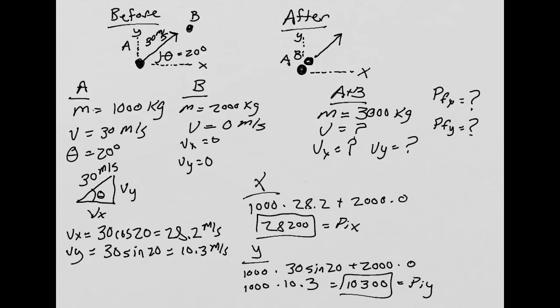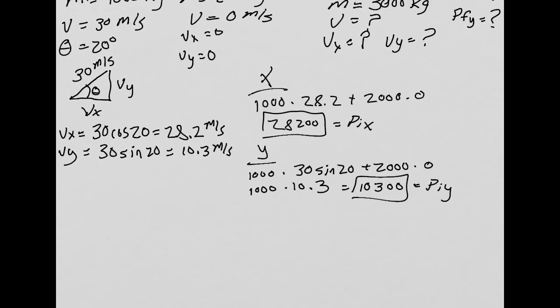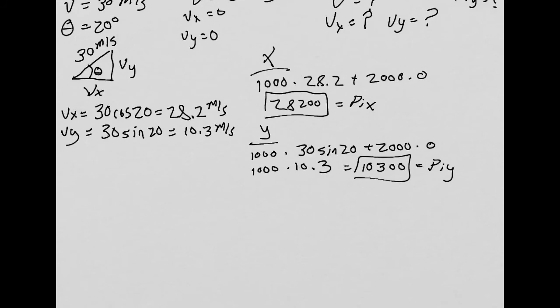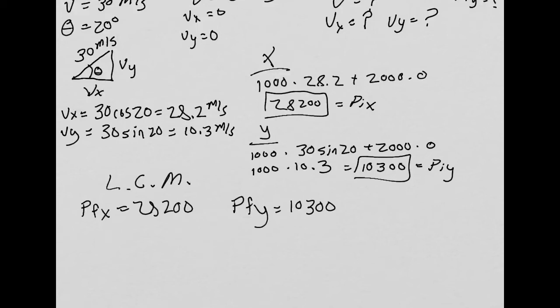So if we scroll down, we get Pfx is 28,200 and Pfy is 10,300 because of the law of conservation of momentum. And I'm just going to label that for space reasons. So what is Pfx if we write it out in terms of its mass and velocity?